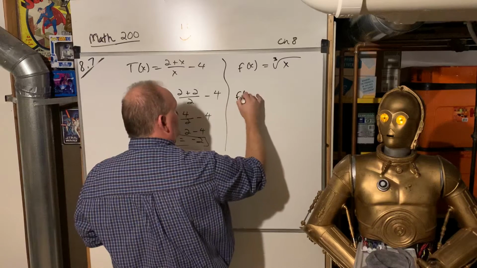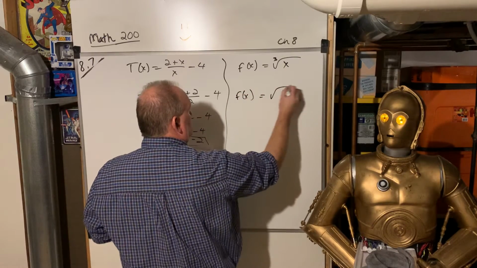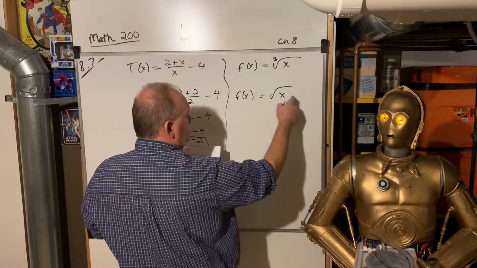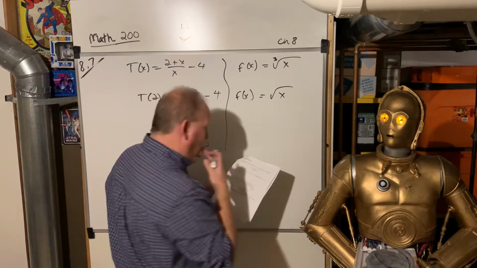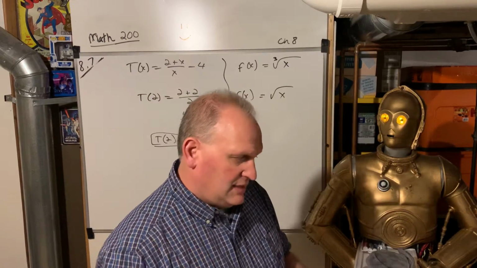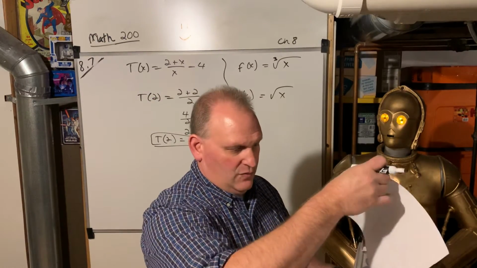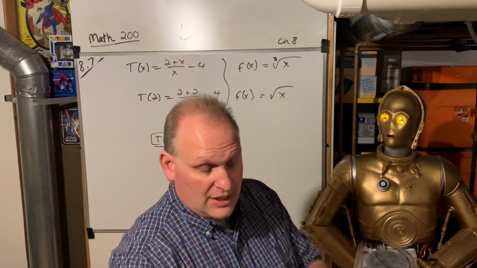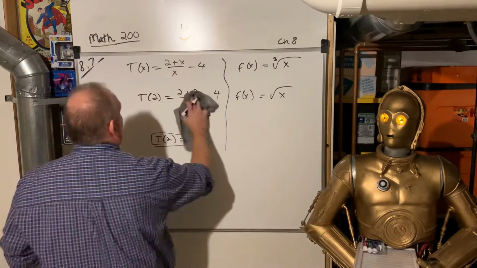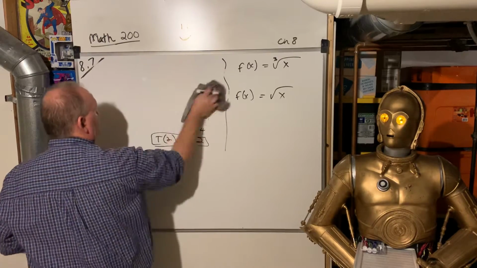But if you have a function where it's a square root, that's going to be 0 and positive only. Okay? And so here, to kind of stress this, let's look at the next one where we'll do a couple of graphs. You can take a look at the graphs, and that'll kind of identify the domain for you also.